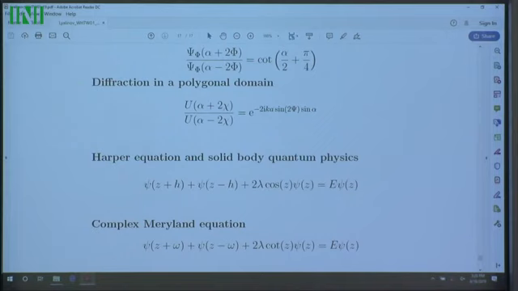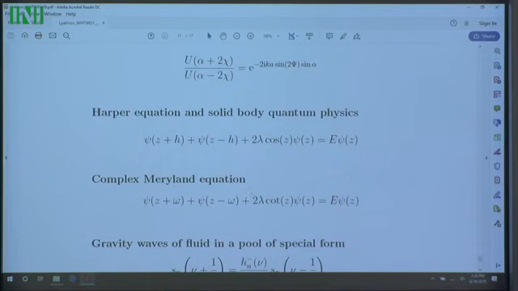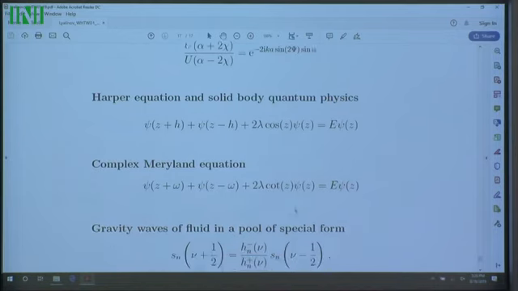For example, the famous functional equation, the Harper equation in the quantum physics of a solid body. This is the spectral parameter. The potential is cosine. This is another parameter. The complex Maryland equation, also with nice properties. The potential is cotangent. This is the spectral parameter. For example, an Anderson effect could be observed for these equations.